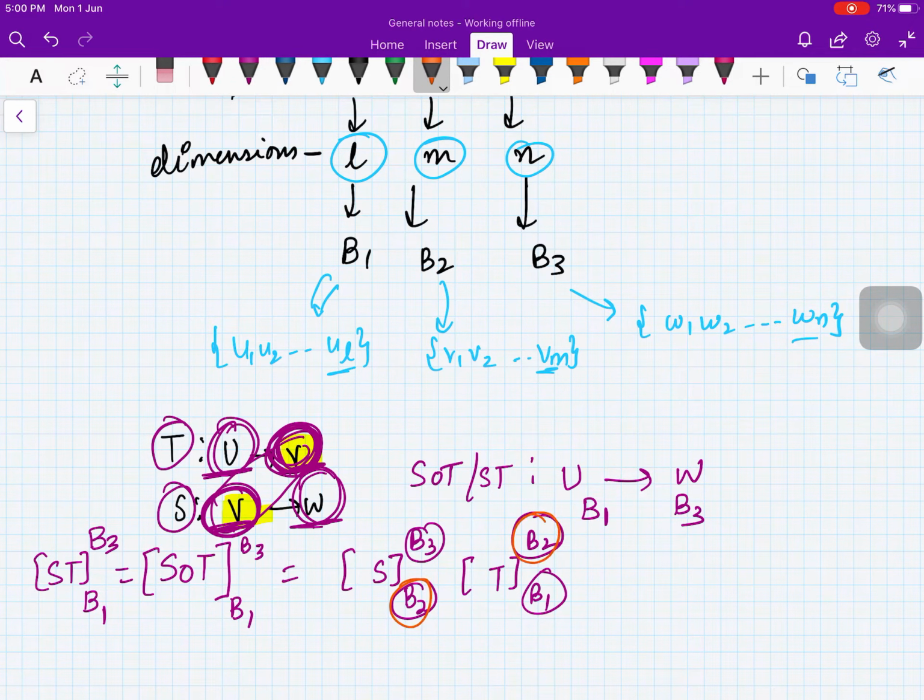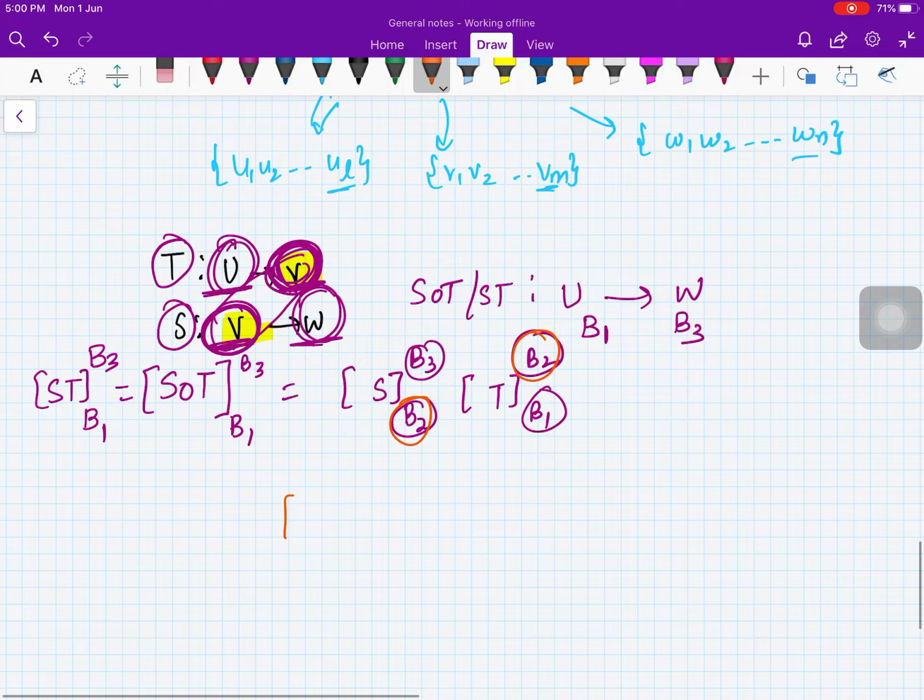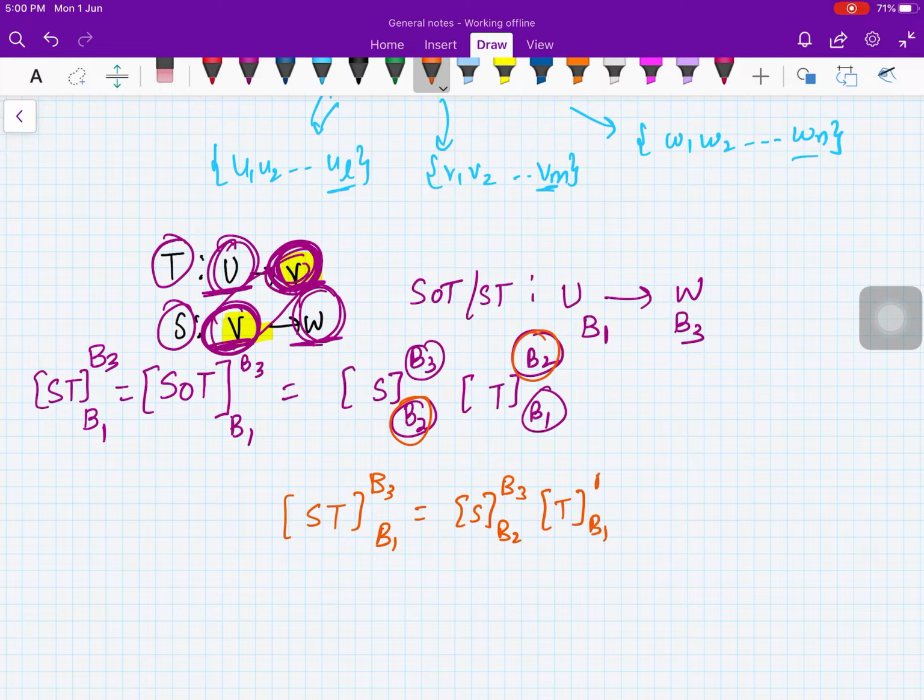Right. So in a way B2 will be cancelled. So you see nicely you can write this result as the matrix of ST with respect to B1, B3 is S with respect to B2, B3 times T with respect to B1, B2. So this and this will cancel and you will get B1, B3.